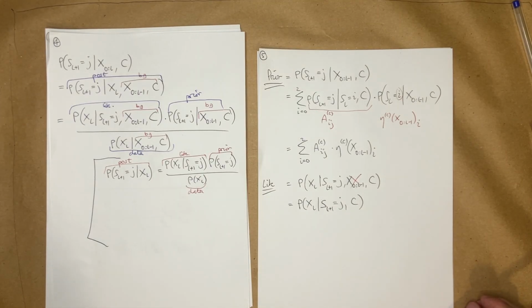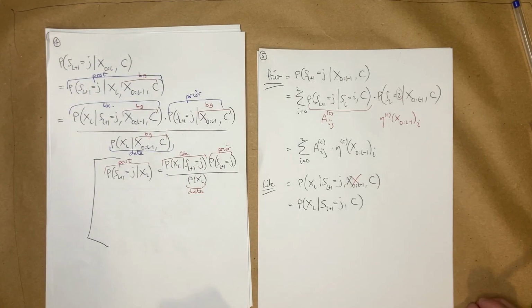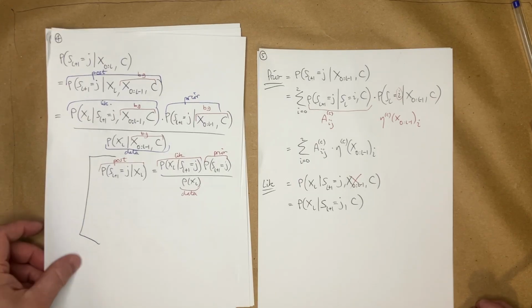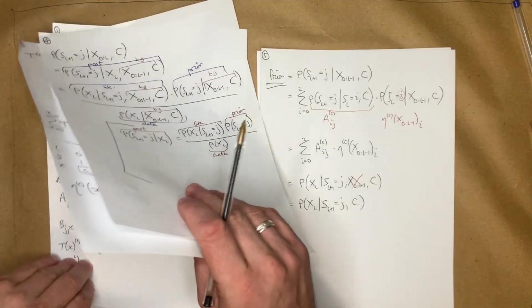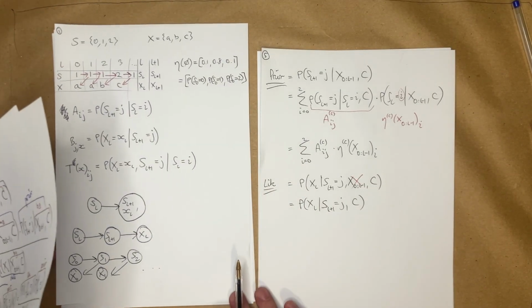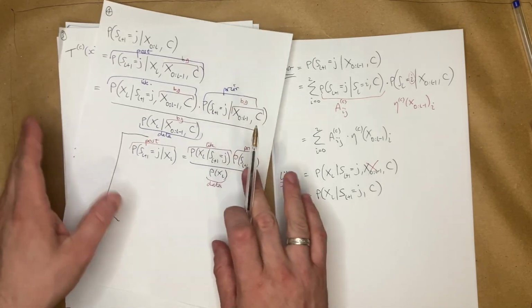There's no causal relationship. It doesn't matter what the value of the tokens up to L minus 1 are. The token XL is only causally affected by the hidden state at L plus 1, and I think I revealed that with the DAG I drew earlier, which again is why I like DAGs.